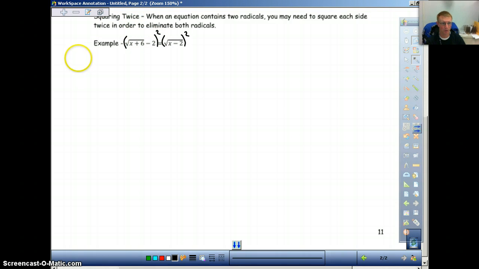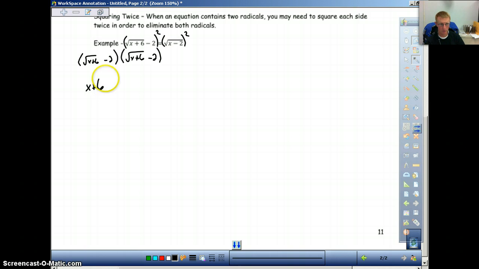So this is going to be the square root of x plus 6 minus 2 times the square root of x plus 6 minus 2. So you're going to treat this first one, square root of x plus 6, like your x term. When we FOIL, it'll be first times first. So that will be the square root of x plus 6 times the square root of x plus 6, which will be x plus 6.